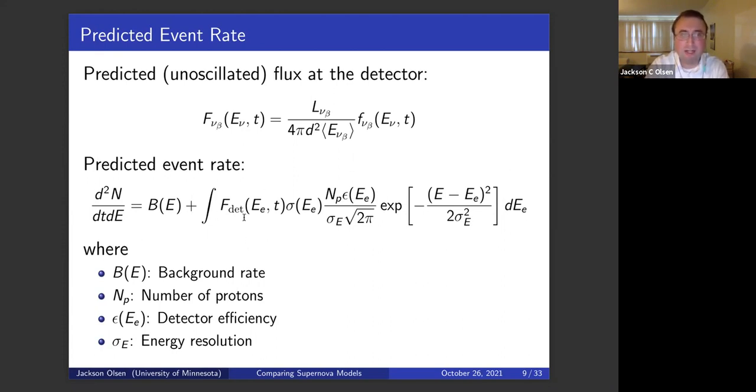The F det here is the flux of neutrinos inside the detector from the supernova. And all of the stuff on the right is basically detector characteristics, taking into account the efficiency, energy resolution, et cetera. And then we also add an energy dependent background rate because Kamiokande had a non-negligible background, so we need to include that as well.